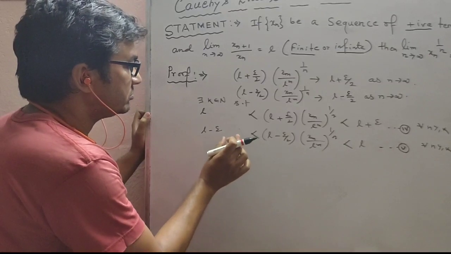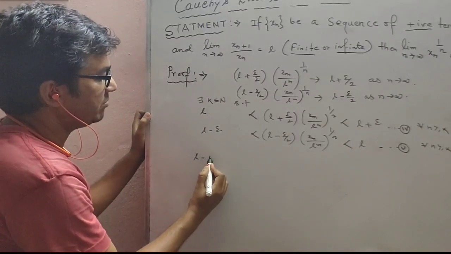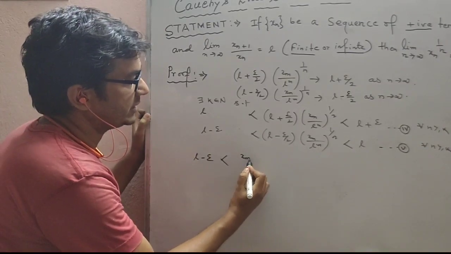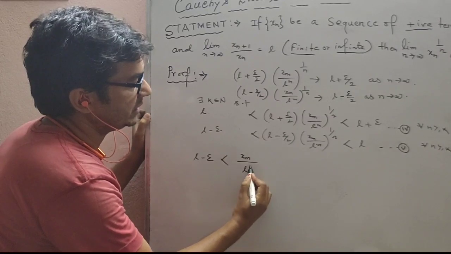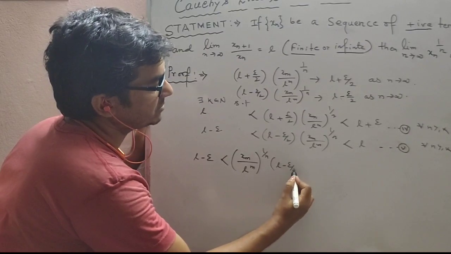Now start from 5, we get L minus epsilon less than (xm by L to the power m) to the power 1 by n into L minus epsilon by 2.